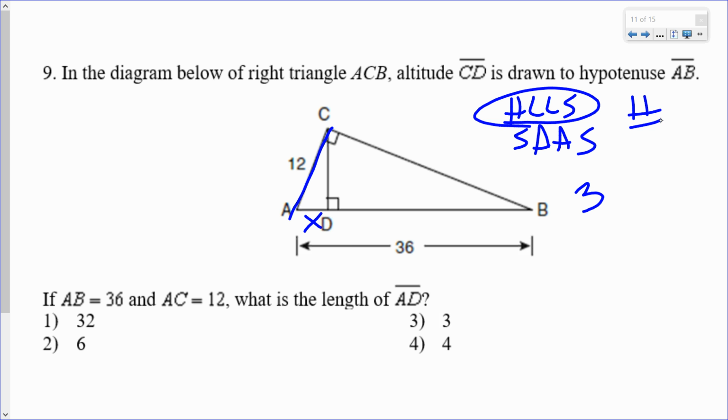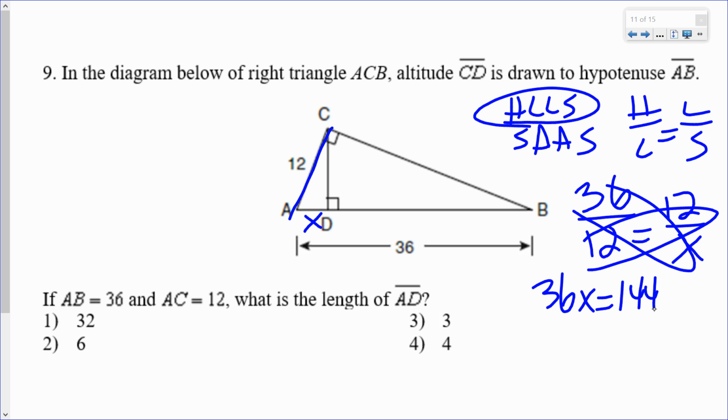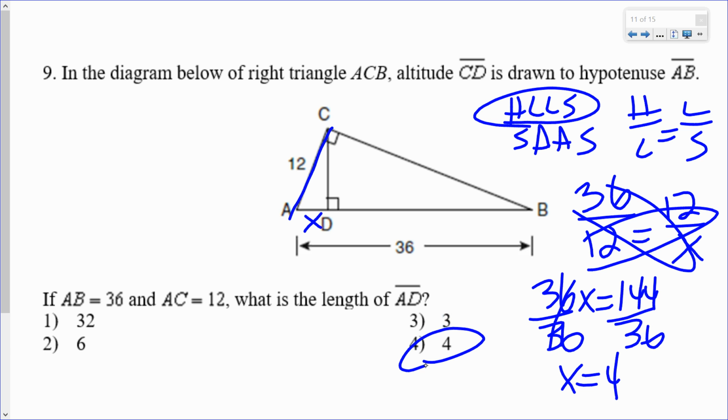H over L equals L over S. H is 36. L is 12. L is 12. S is X. I cross multiply and solve. X is 4.